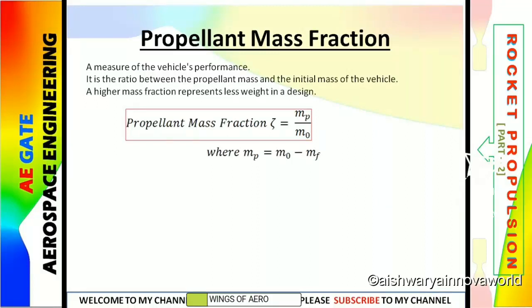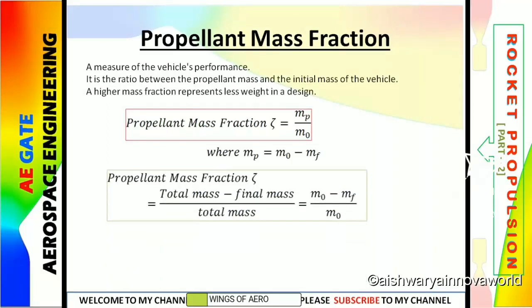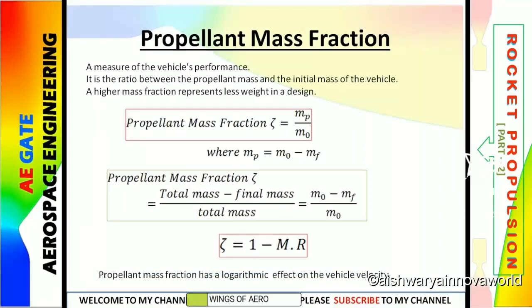So we can write that mp equals m naught minus mf. So the propellant mass fraction equals total mass minus final mass by total mass, and from there we can write tau equals 1 minus m dot r. Remember, this mass fraction has a logarithmic effect on the vehicle velocity.